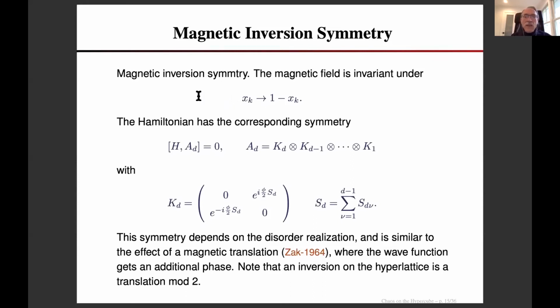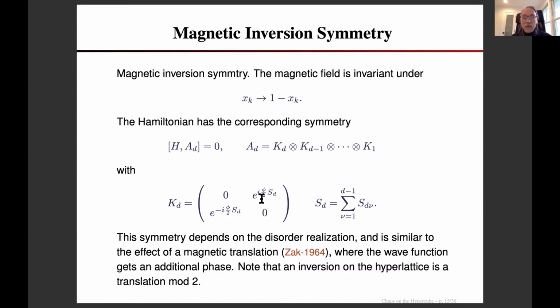And the lattice is, as in the two-dimensional case, characterized by zeros and 1. So 0, 0, 0, 1, 1, 0, etc. And there's this inversion symmetry, which means that in terms of the Hamiltonian, that it commutes with an operator. This operator is similar to what you find with magnetic translations. It's the same kind of form. It's a tensor product of d operators, and each operator has some phase factor in the off-diagonal matrix element.